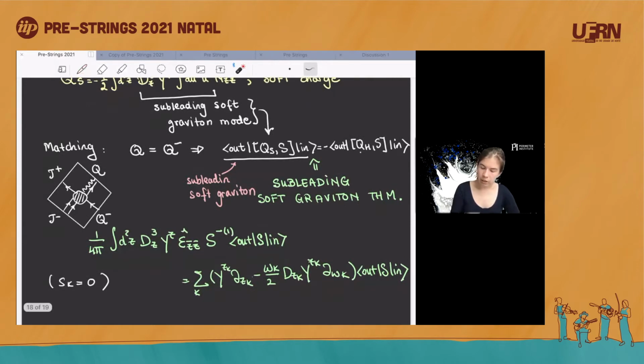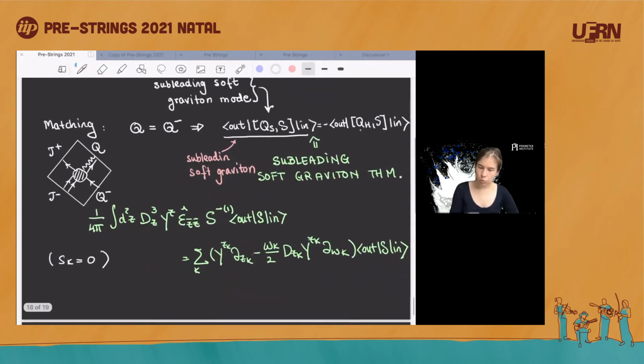And in particular, using the subleading soft graviton theorem we discussed last time, this can be explicitly evaluated. So this insertion of the charge is a particular integral over the sphere of this subleading soft factor. And so evaluating this left-hand side, one finds an expression of this form, which can be precisely matched with the action of the hard charge on the asymptotic states.